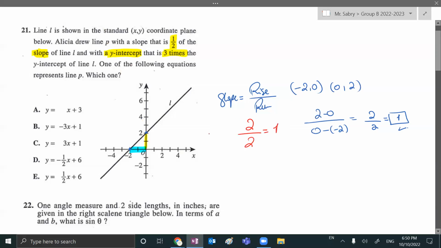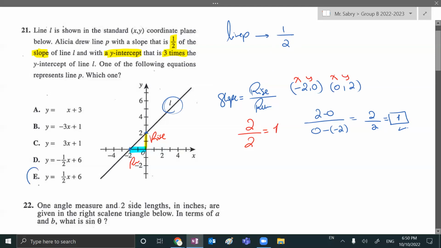So you can either get it from the graph right away using the rise over the run, or you can use points with x and y coordinates and get the slope. Anyway, they said that the slope is half the slope of this one. This one has a slope of 1. The line P has a slope of half this one, so half of 1.